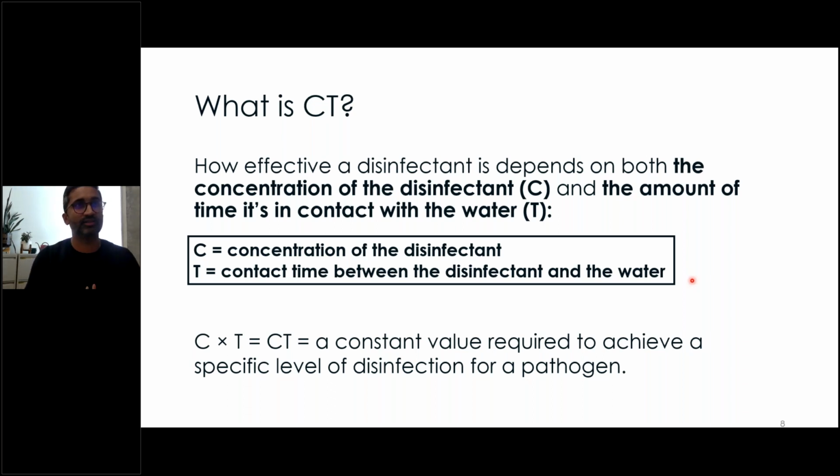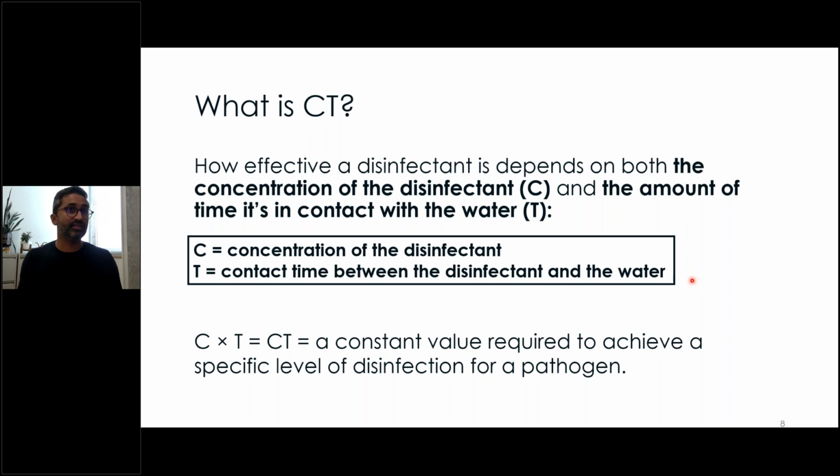So think back to that picture of the different pathogens. Not only does it matter how much disinfectant or chlorine we have in the water, the concentration that we're supplying, but also the amount of time that it has in contact with the microorganisms so that it can effectively break through that cell wall and damage what's going on inside there.